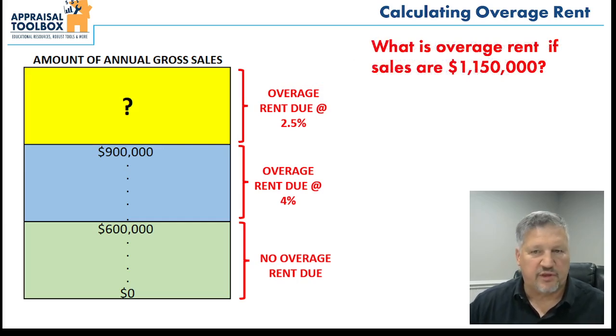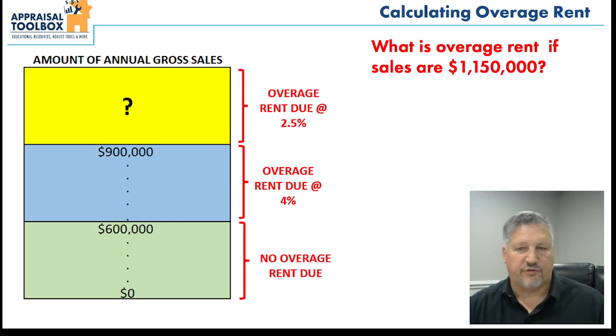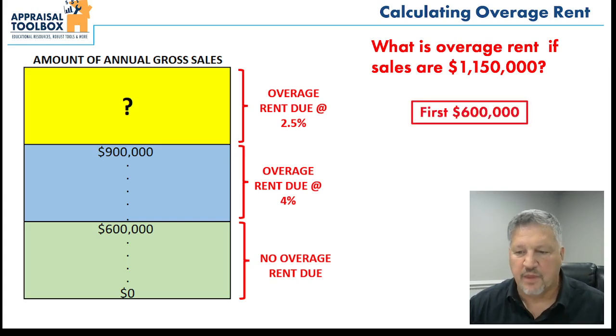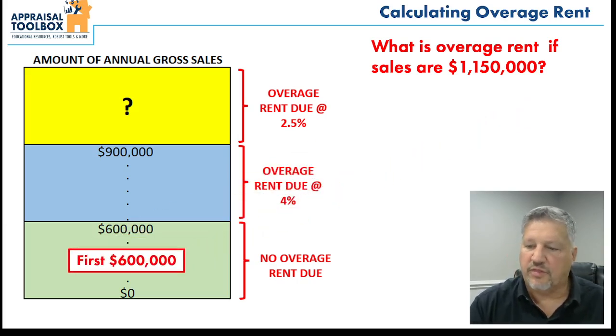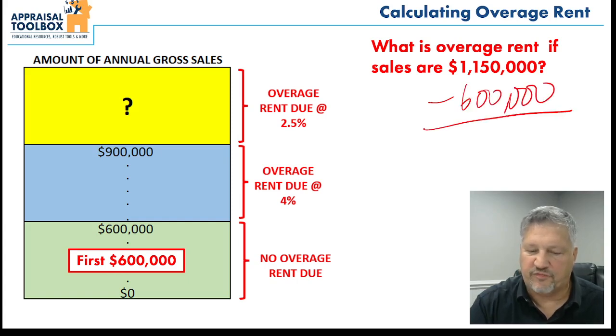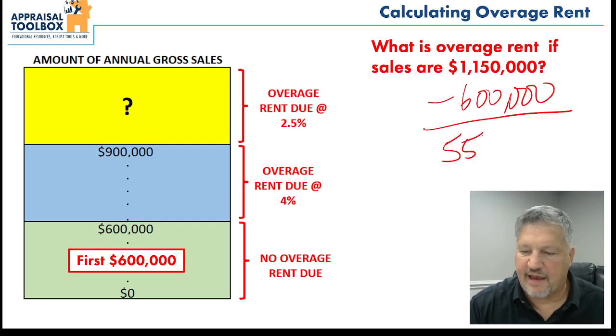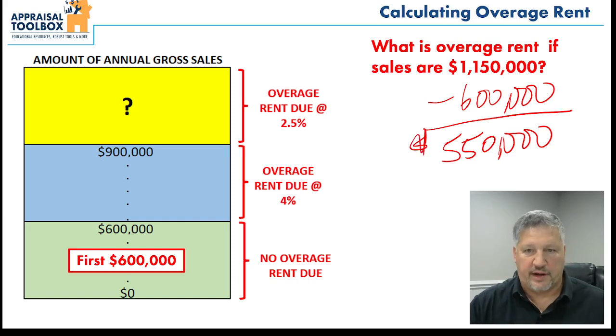$1,150,000 of sales, let's slot in our levels or volumes of sales to where they belong. The first $600,000, no overage rent due. So think of this, if we took away the 600 from here, because that's what falls into the first slot, we have $550,000 of sales volume that is unaccounted for right now.